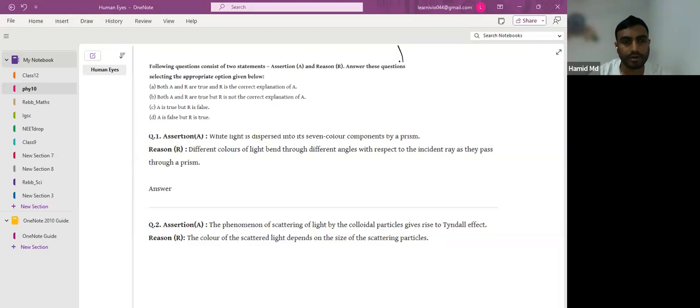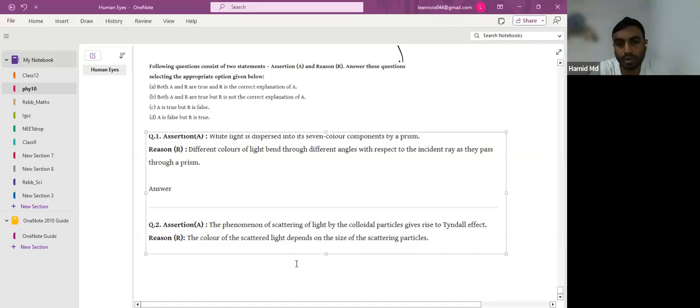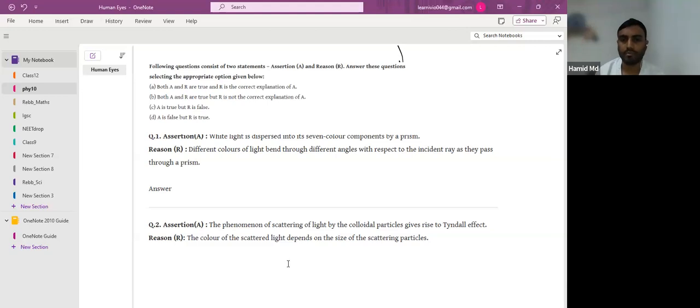I should explain it? No problem. So the question is the phenomena of a scattering of light by the colloidal particles give rise to Tyndall effect. Okay. So are you aware of Tyndall effects? Yes, sir.